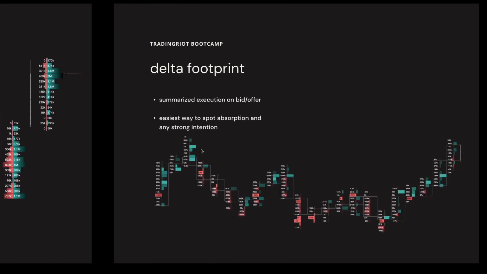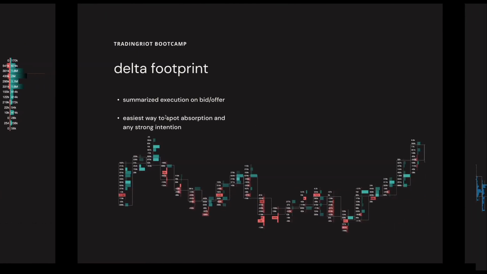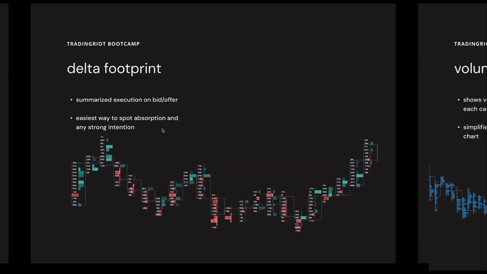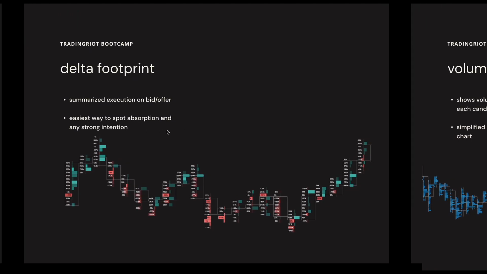The delta footprint is the summarized execution on the bid and the offer. This is also something we have talked about, and this is the easiest way to spot absorption and strong intention in the market. As you can see, market makes this move up, the buyers then got stuck in the upside where the candle clearly closed around this level. Market then rotates lower.